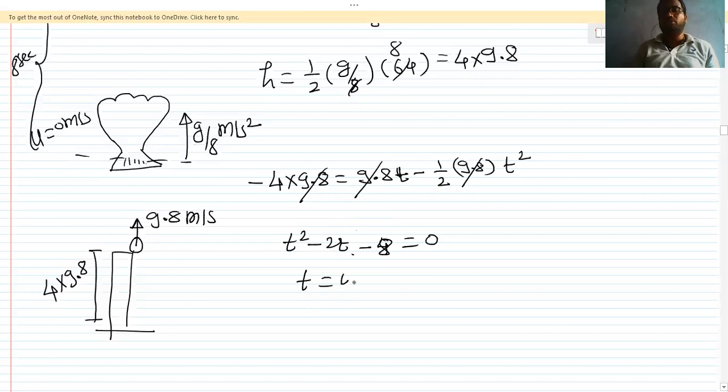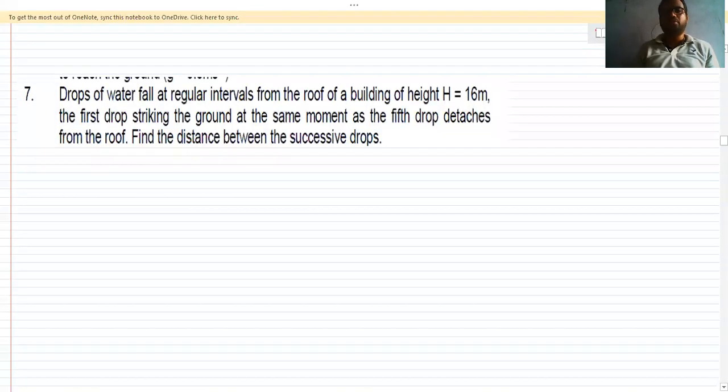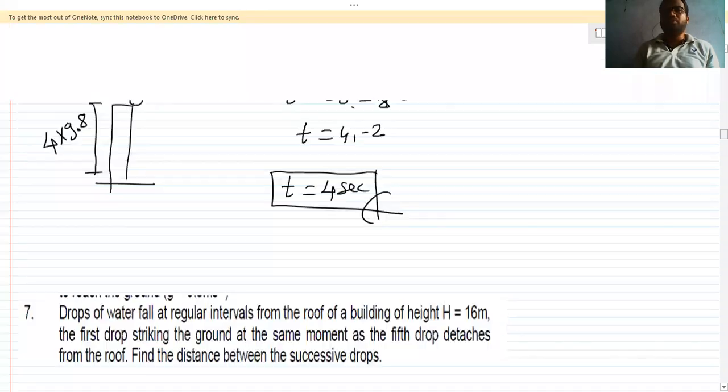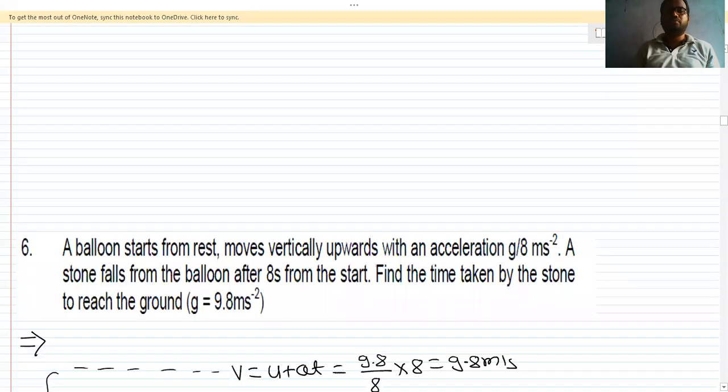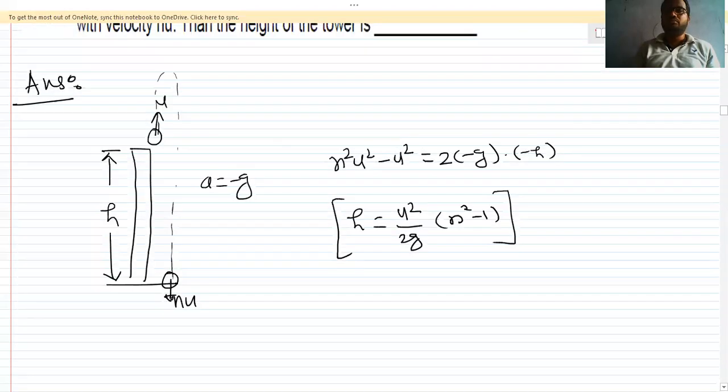So t is equal to 4 comma minus 2. Minus 2 not possible. So 4 is the answer. So time required to fall is 4 seconds. Okay. So this is the answer for the fifth question. Now the sixth question we have.